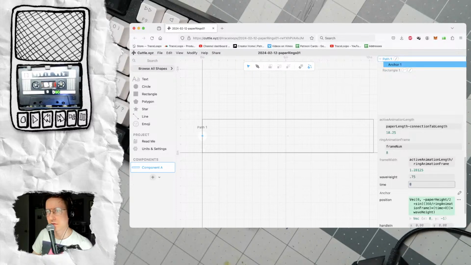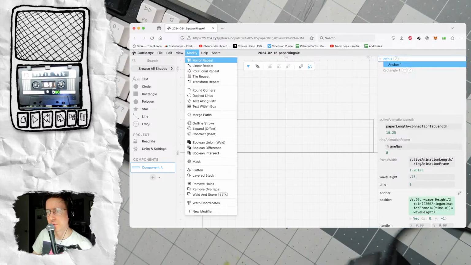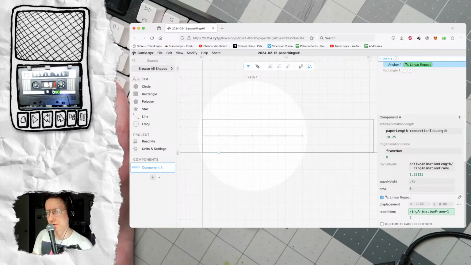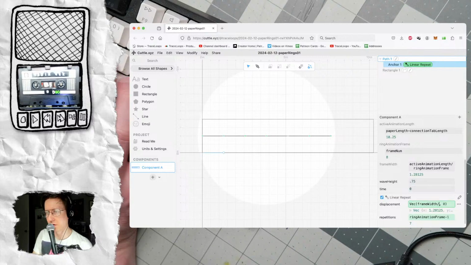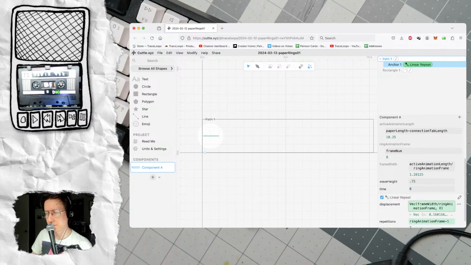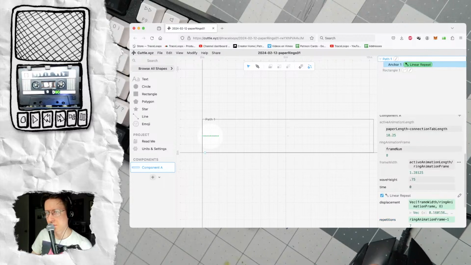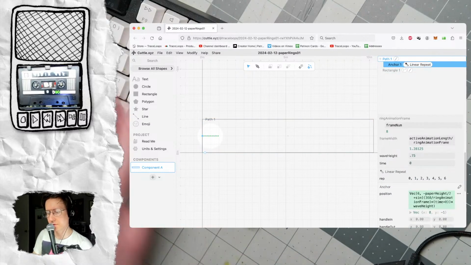And let's have this modify linear repetition. Repetition is ring animation frame minus 1. Displacement is frame width divided by ring animation frame. Customize each repetition, and to the anchor time plus rep.